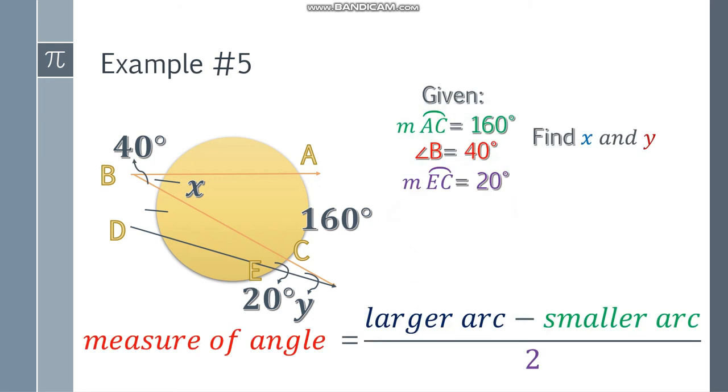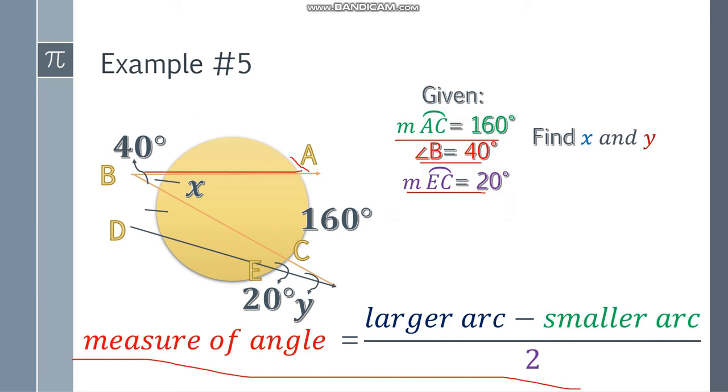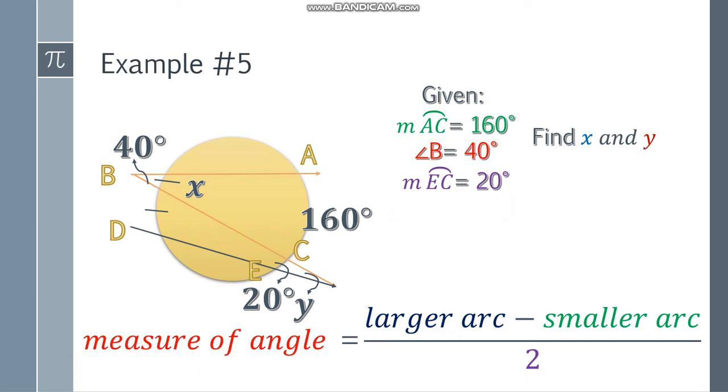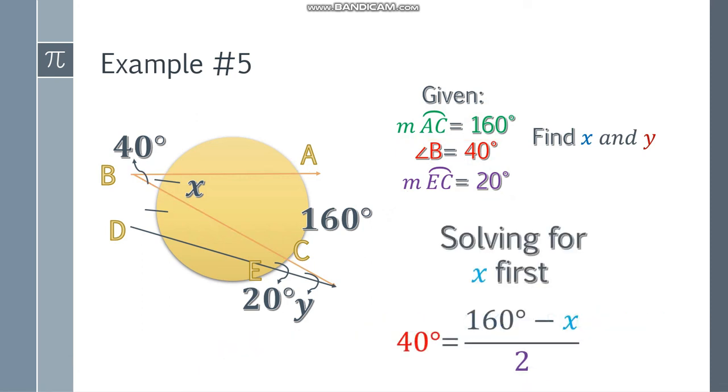Now, we have the given here, 160, so I'll just put it here. Place the formula. So here's the formula. We are going to start with this part first. We're going to solve for x first. So let's substitute the values.